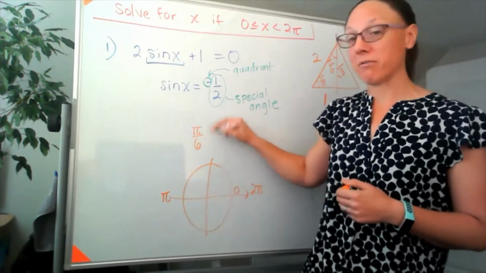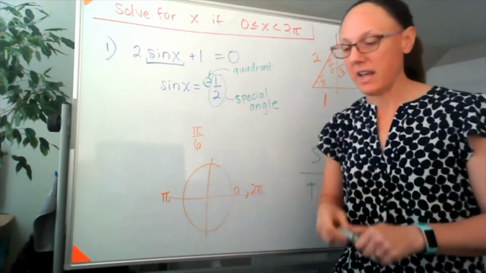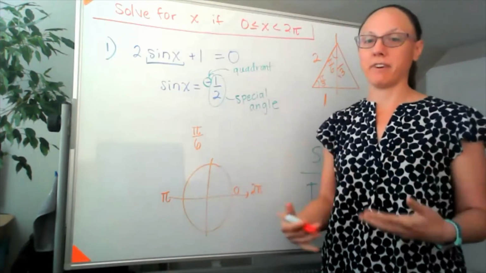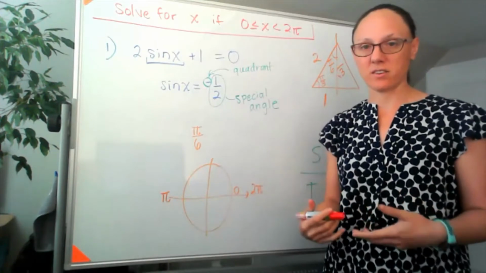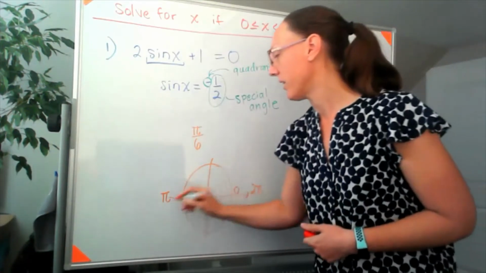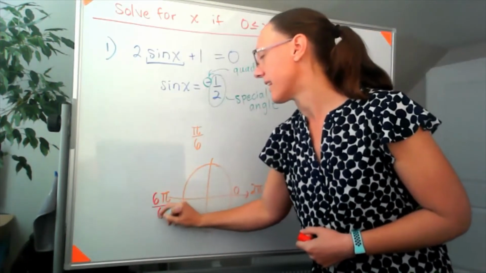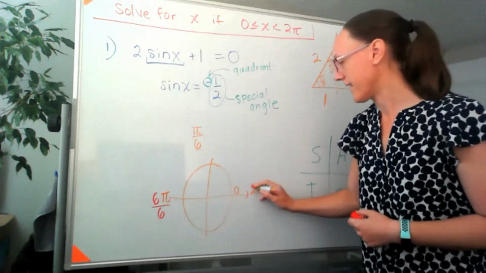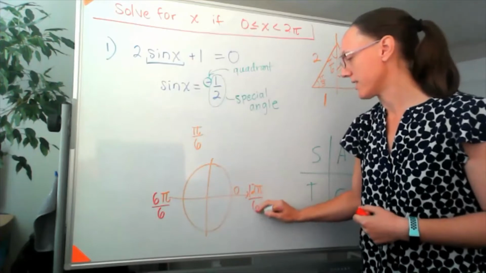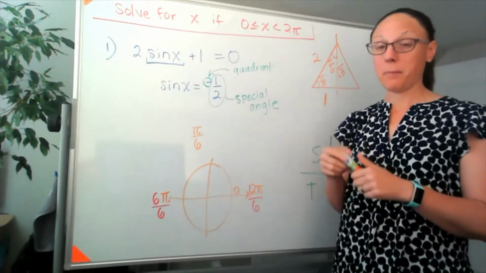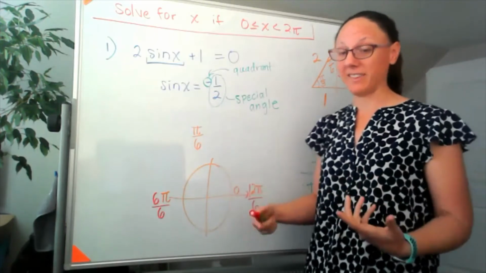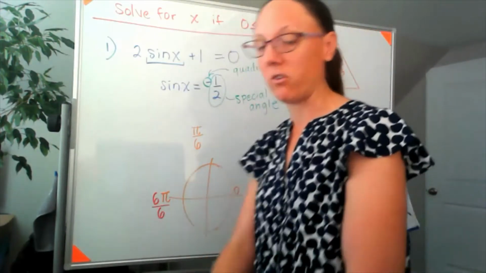Since my reference angle is pi over 6, I want to rewrite the pi and 2 pi in reference to sixths. So pi is 6 sixths, and 2 pi is actually 12 sixths.